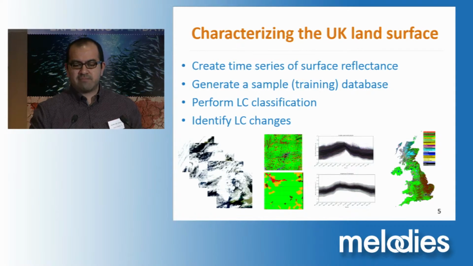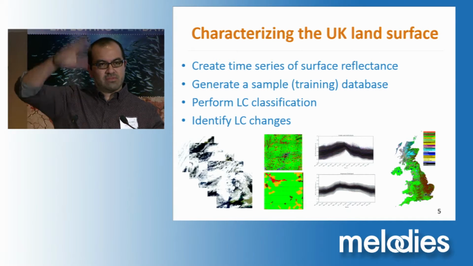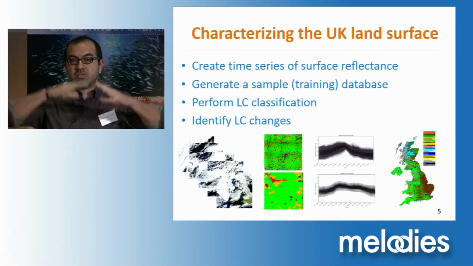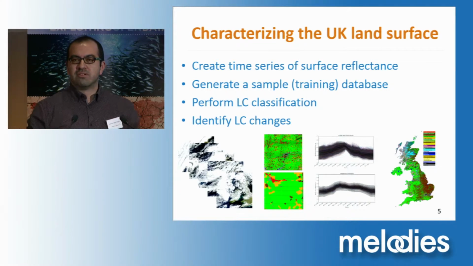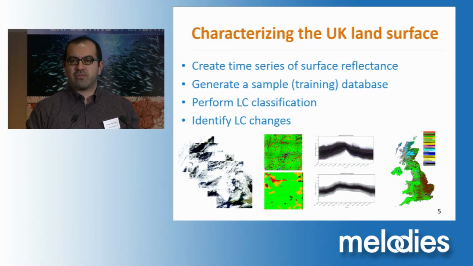Then you use a time series of surface reflectance, which is just the amount of energy reflected by the land surface if you don't have any atmospheric effects. Once you have this time series, you create a sample database just to train an algorithm and say, this pixel is agriculture, this pixel is grassland, and then you perform your classification, and then you identify your changes. Okay, piece of cake.